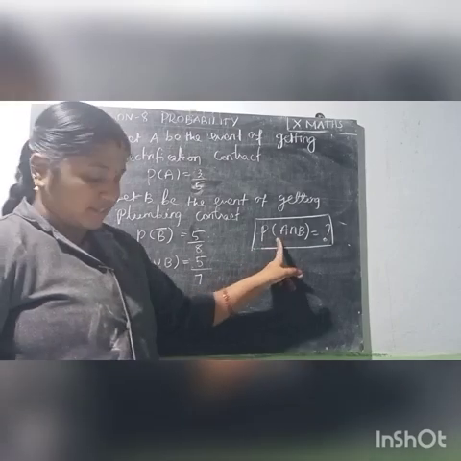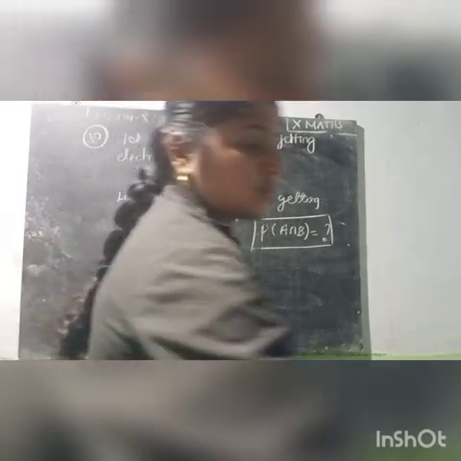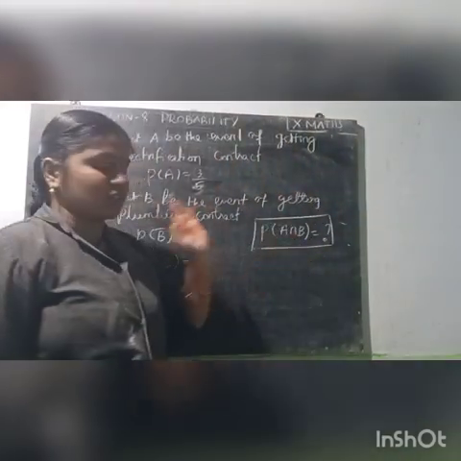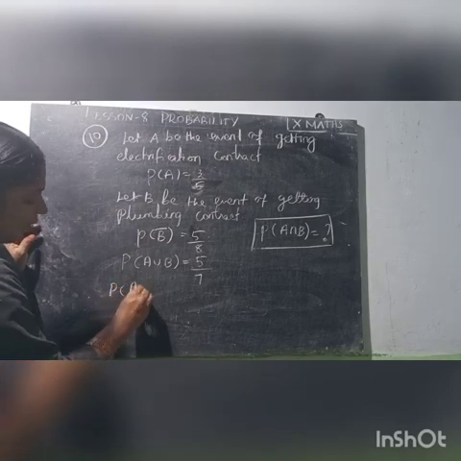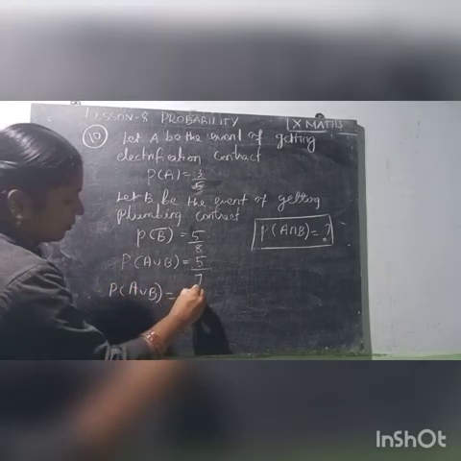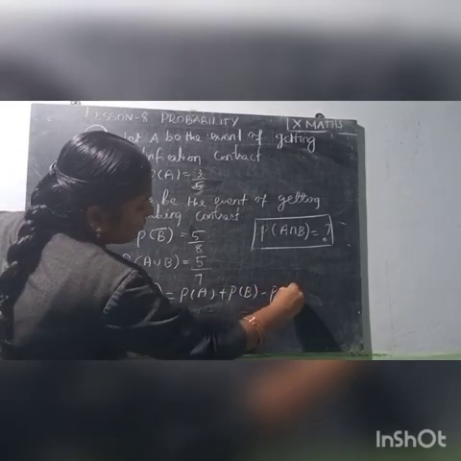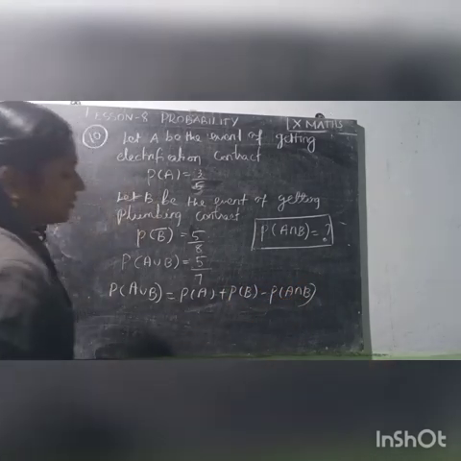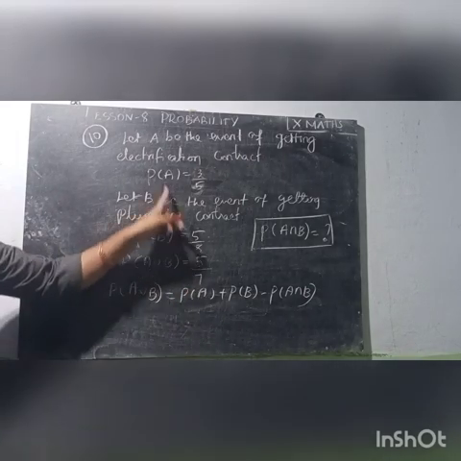What is the probability that he will get both contracts? So we want to find out P of A intersection B value. So we know P of A union B equal to P of A plus P of B minus P of A intersection B. So we need, already we have P of A union B value, P of A value.